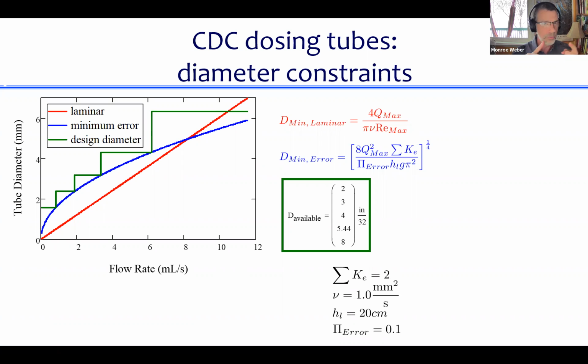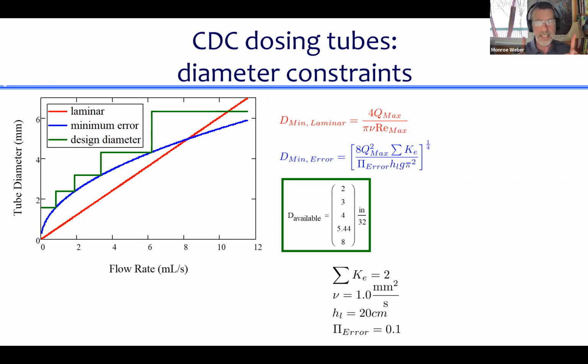So the one constraint was that it had to be laminar, which means that the Reynolds number has to be less than 2,100. And you just take the Reynolds number equation, and the Reynolds number equation has a V in it. And we get rid of that V and instead put Q over A in it. And A is pi d squared over 4.